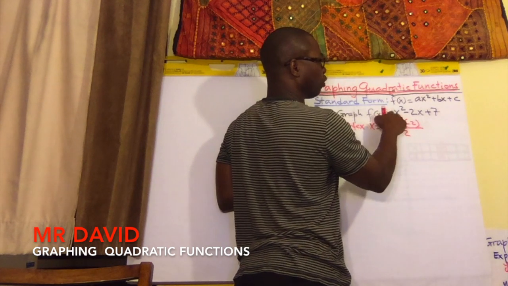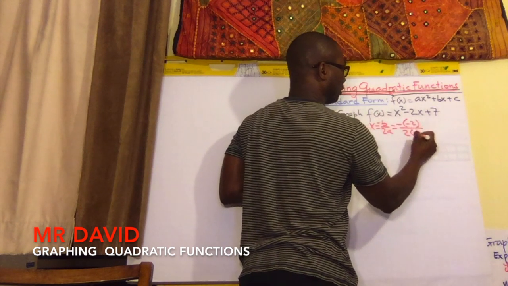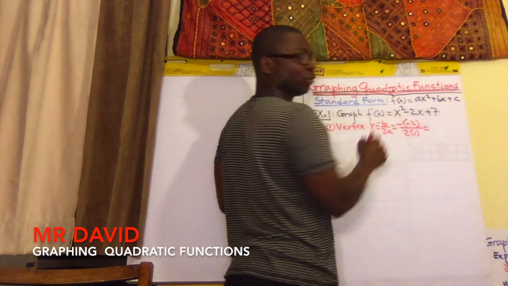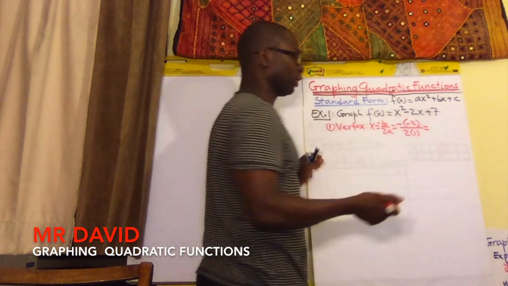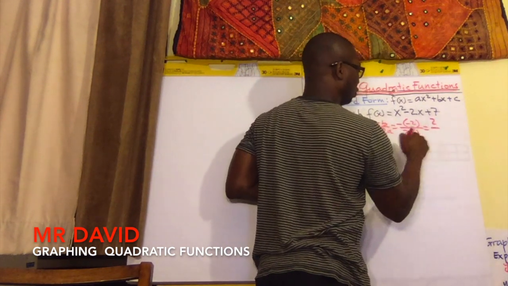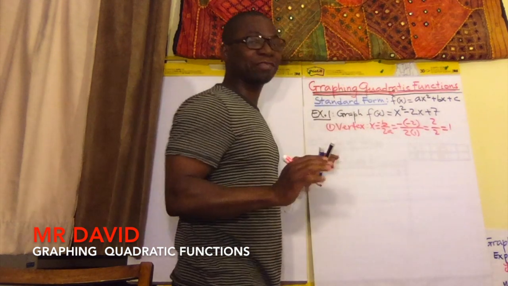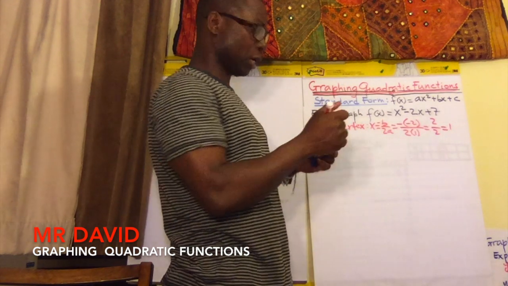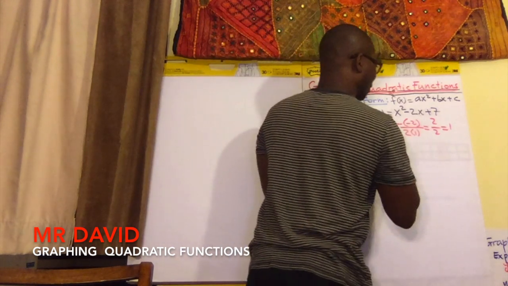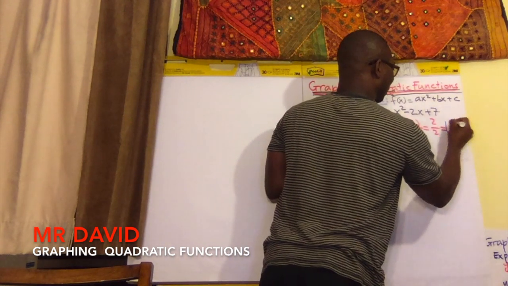A is an invisible 1. So we have negative negative 2, which becomes positive, since double negative is positive, over 2 times 1, which is 2. The x value of our vertex is 1. I'm going to go ahead and box it up so I know this is my answer.